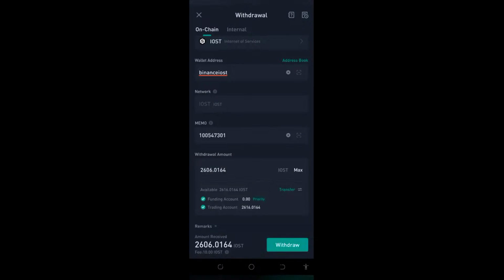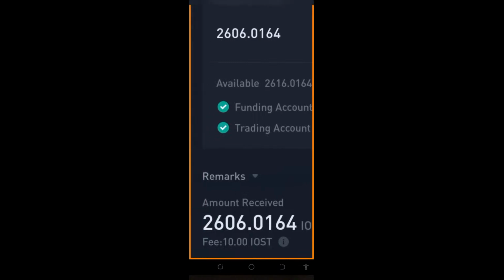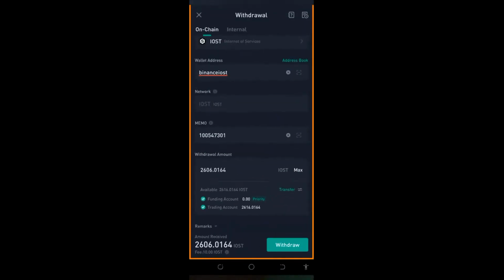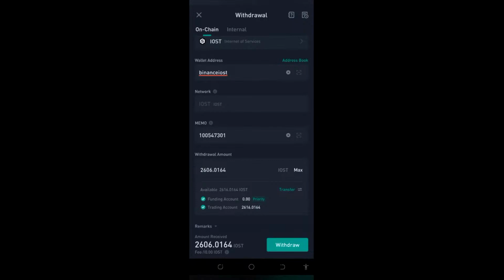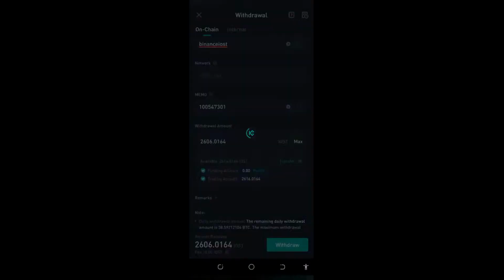So what we get is 2606. Remember that there's going to be a withdrawal fee of about 7 cents. It says that the fee is 10 IOST, which is equivalent to about 7 cents. So we're going to go over and get this done. All right. Let's withdraw.